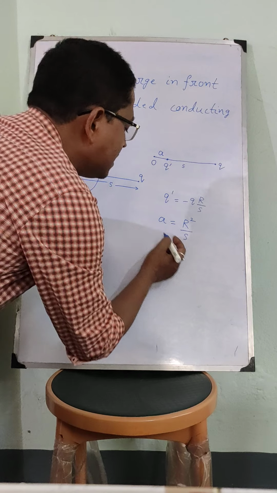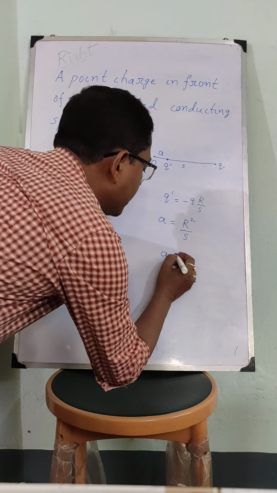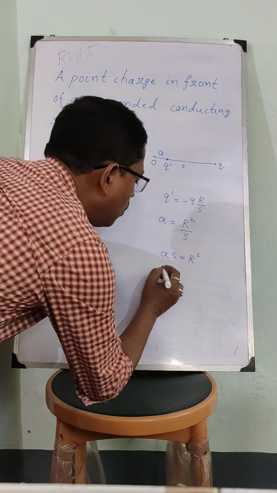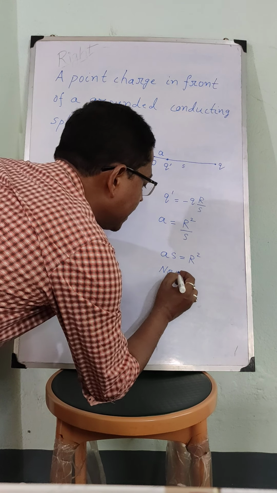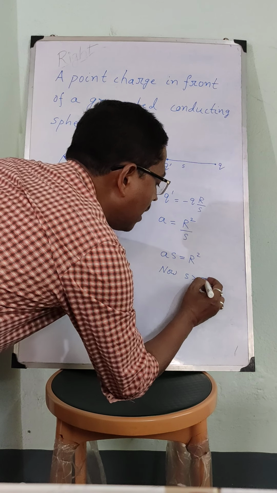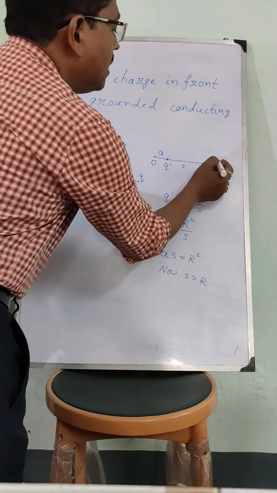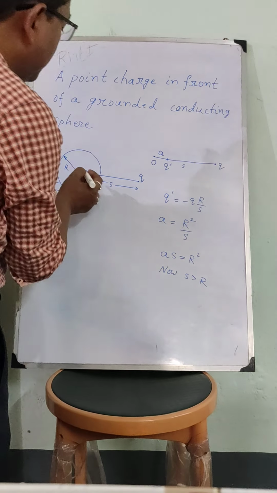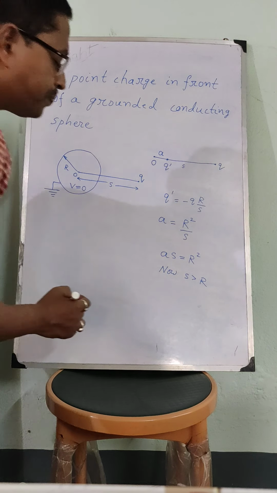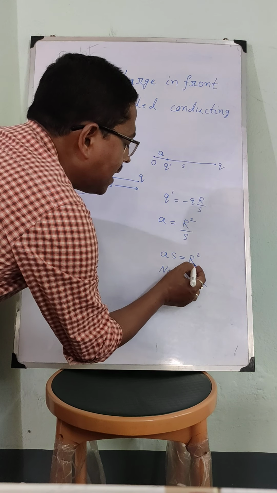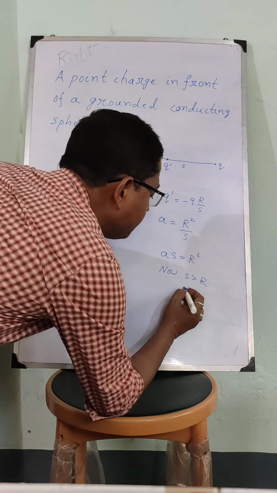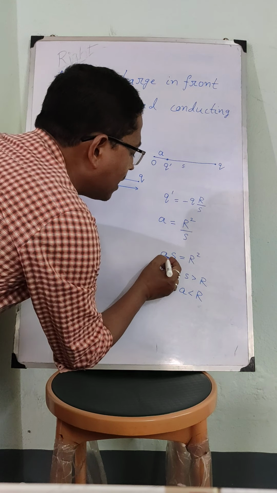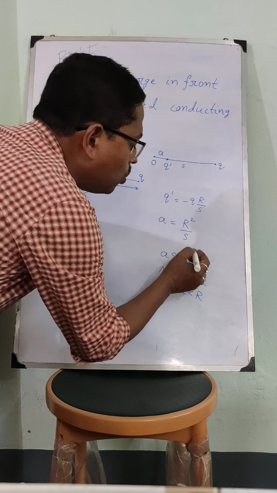Now from here you can see that aS is equal to R square. Now S is greater than R because this charge Q is outside the sphere, so S is greater than the radius of the conducting sphere. So since S is greater than R, a must be less than R. Otherwise this product a into S cannot be equal to R square.